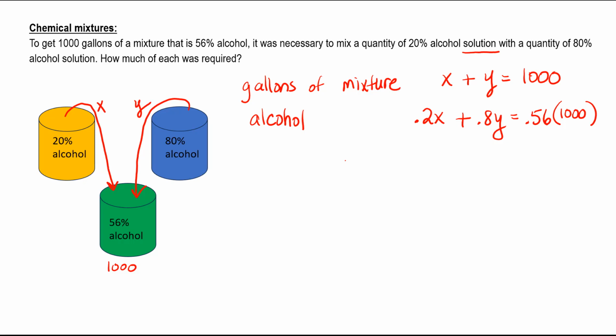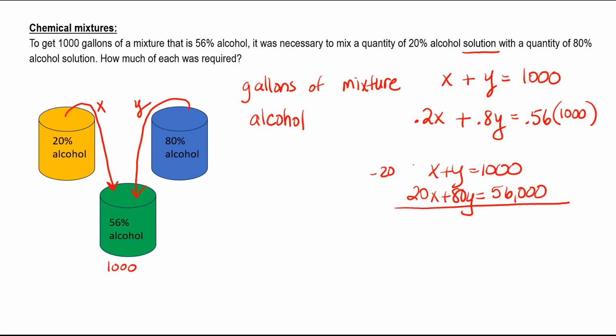And to solve this, I would first of all like to multiply that second equation by 100 to get rid of the decimals. So our first equation, x plus y equals 1,000. Second equation, 20x plus 80y is equal to 56 times 1,000, so 56,000. And then we can multiply the first equation by negative 20, and that'll make the x's cancel, and we'll have negative 20y plus 80y is 60y.